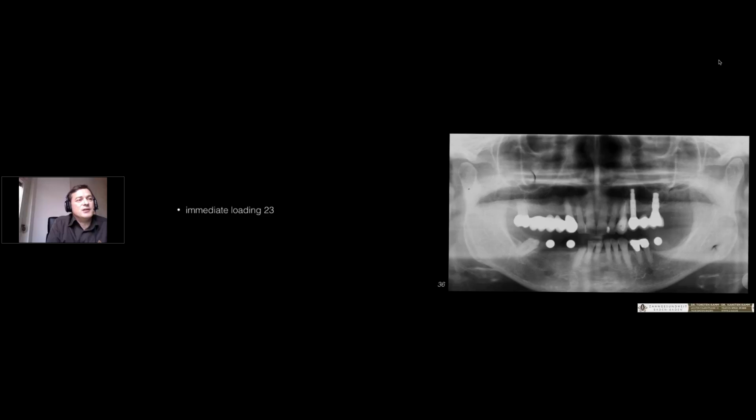And in this case it's not possible to do anything else, because you see the canine on position 2, 3. We have to extract it, because we have a fracture, and we have 2 implants with a bridge, and it's not possible to remove the bridge without destroying it. So we discussed this case with the patient, and we both said, okay, in this case we can do an immediate implantation with immediate loading.